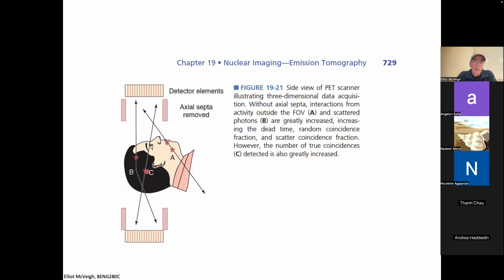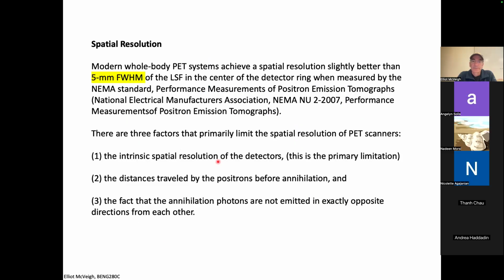Oh, this just shows again the source of scatter, essentially. So for a modern PET system, if you're going to estimate its full width at half max, a round number is 5 millimeters.